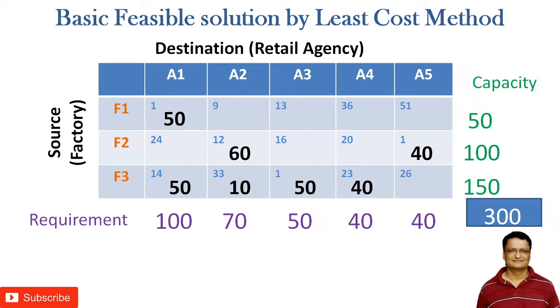So this basic feasible solution is that I will supply 50 goods from F1 to A1.